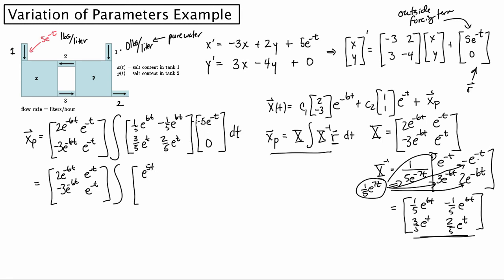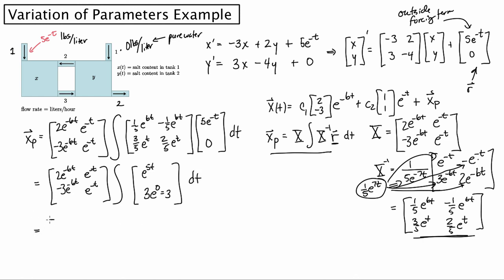You get 5 times 1/5 is 1, and e to the negative t times e to the 6t is e to the 5t. And then the 0 zeroes out this entire second column, so you're just taking this times the first column to give you the column here. So 5 times 3/5 is 3, e to the 0, which is just 3, dt.